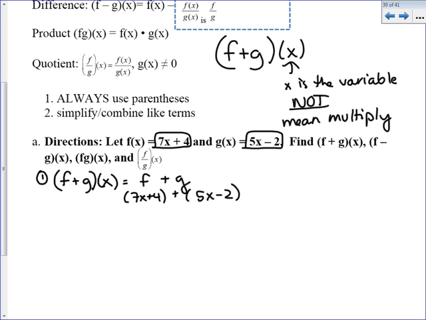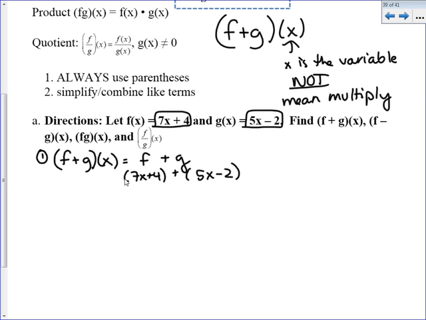And we did that problem on the first day of class. Maybe not that exact problem, but problems just like that on the first day of class. The only difference here is we're stepping it up and making you write the problem first. You have to write this plus this before you simplify. So now, first day of class, when I add functions, all I have to do is combine their like terms.